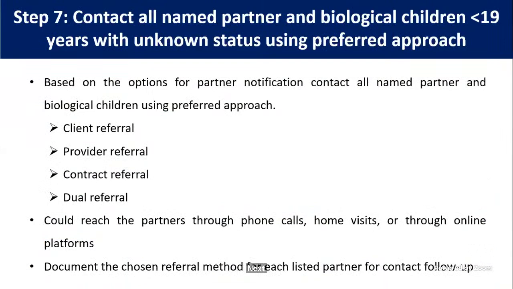So once we have this list of contacts and their preferred mode of contacting their partners, we will start reaching out to them. Before starting that, again, we will sit with the index case. Okay, for this partner X, you have chosen client referral. Can you tell me how you will bring them? What information would you like to share with them? Do you want to share your status or not?